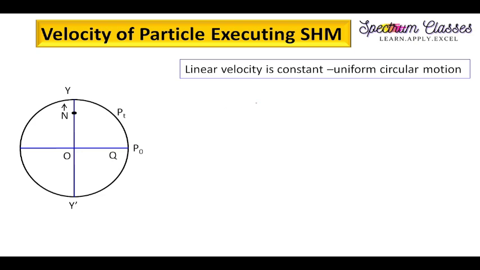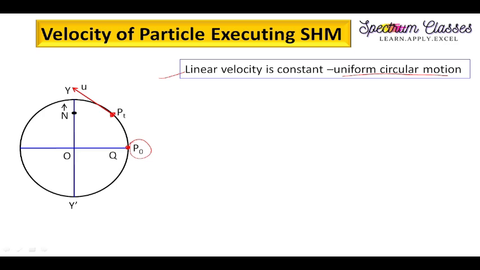If we consider that our particle is moving with uniform circular motion, then its linear velocity is constant. This is an important fact we discussed several times in physics. Here, my particle P is at time t equal to 0 at its initial or mean position, and after time t my particle reaches this point Pt.